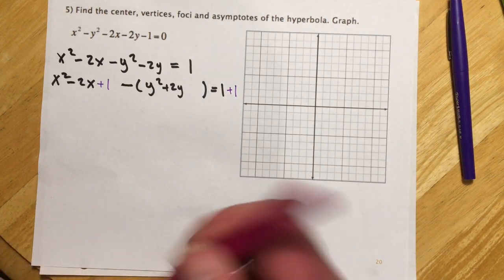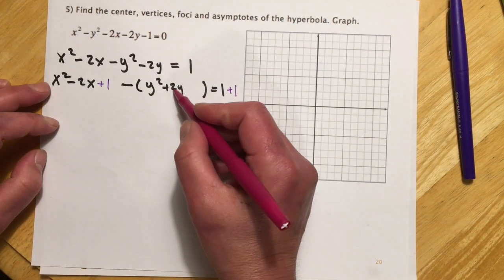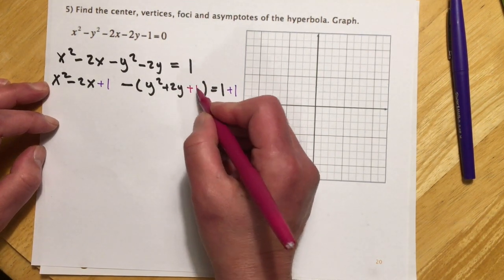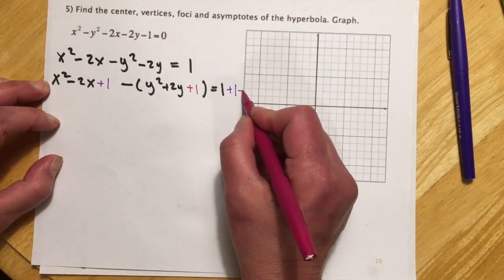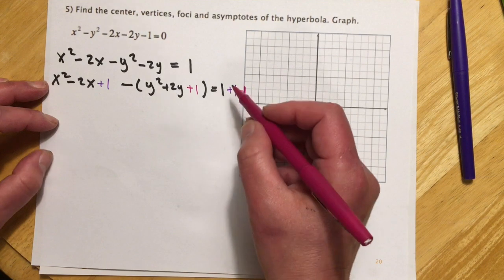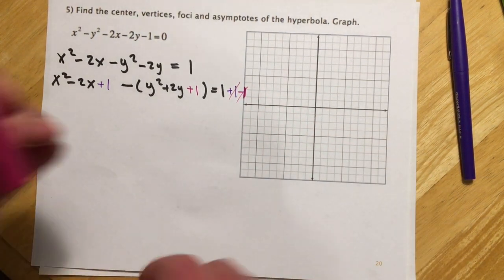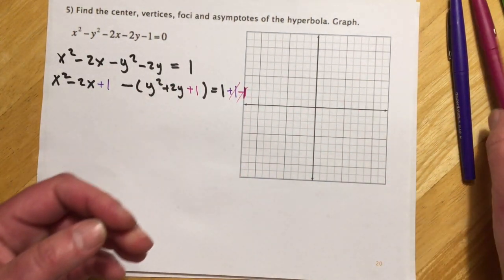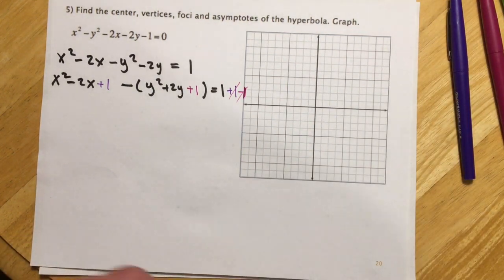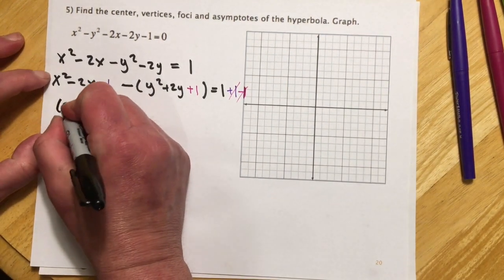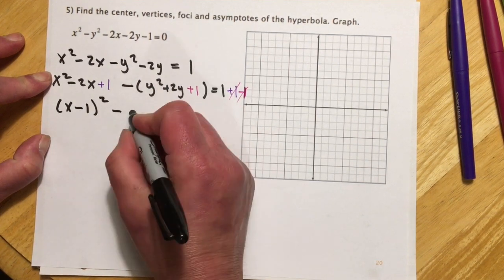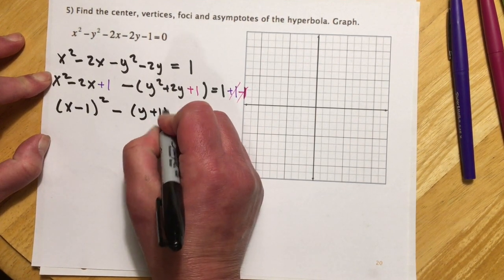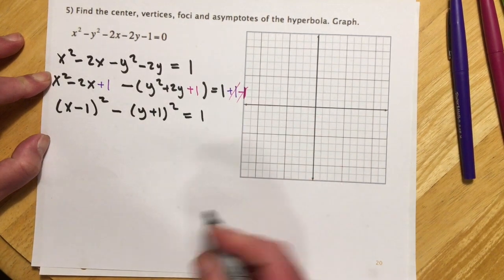And for y, again, half of 2 is 1, 1 squared makes 1, but it's not really a plus 1, because if I distribute that sign through, I can see it's really a -1, so there's a -1 right there. So a couple of those just cancel out. Factoring, this is going to be x minus 1 squared minus y plus 1 squared equals 1.